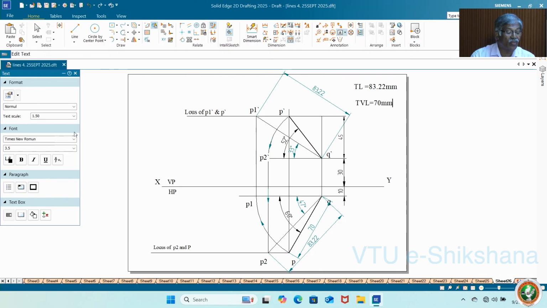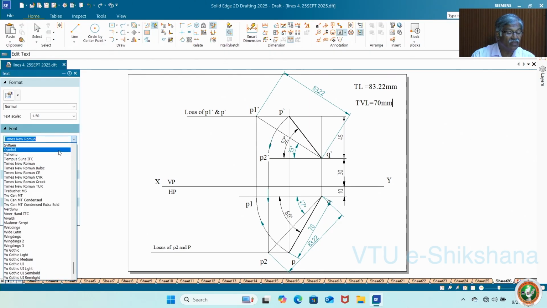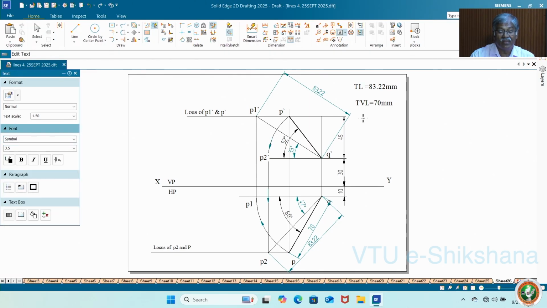Now we have to go for this symbol. Beta equal to 60 degrees, and these are given.